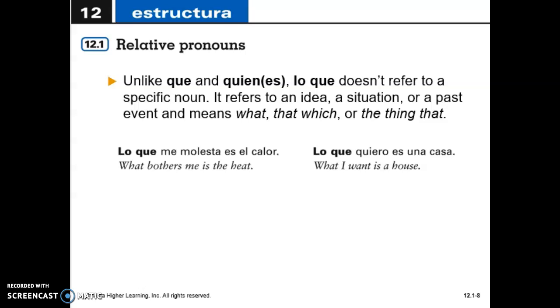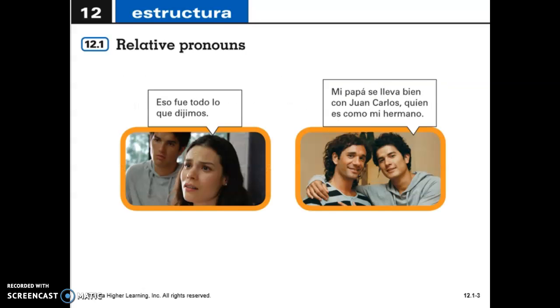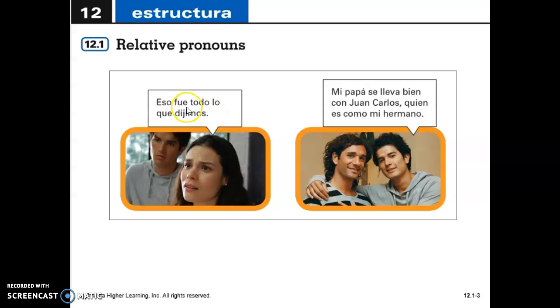So unlike que and quien, lo que, so that's another one, lo que doesn't refer to a specific noun, and that's what I was explaining over here. Remember, I said, this is all what we said. I mean, it's a little bit confusing, but this is actually the example that we can see in here.